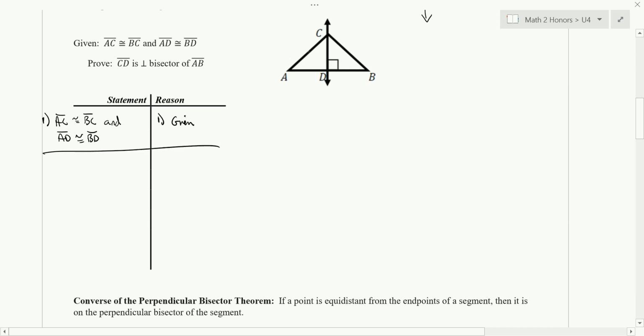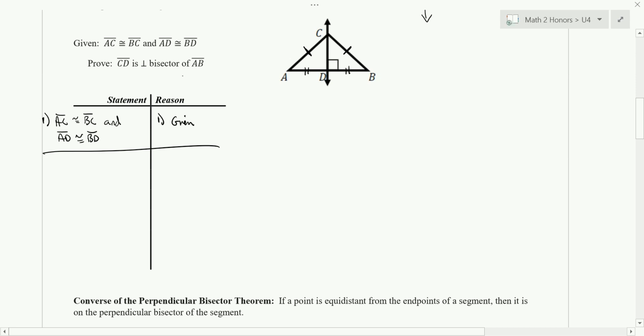So we've got AC congruent to BC, AD congruent to BD. And notice in our picture it says 90 degrees, but that's not given to us. So that really shouldn't be there. That's what we're trying to show. So we're trying to prove CD is a perpendicular bisector of AB.